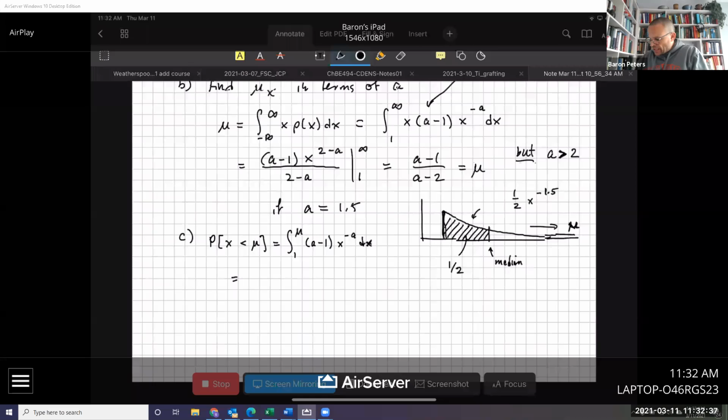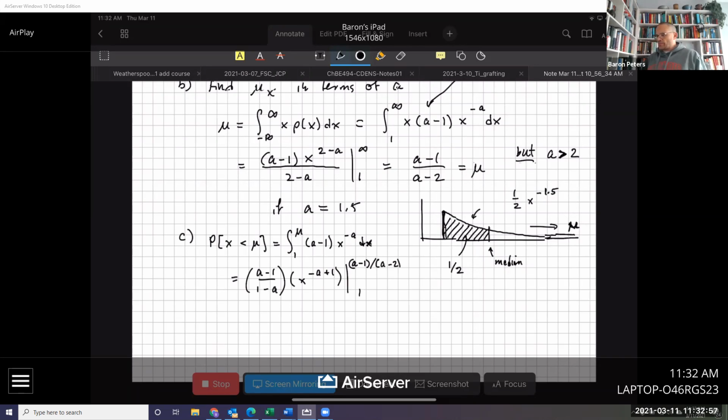And so we get a minus 1 over 1 minus a. I am using the value of the mean here when I put in my integration bounds. Okay, so my mean was a minus 1 over a minus 2, and I'm starting from 1. So there are a lot of working parts there, but basically all we did was fill in this mean.